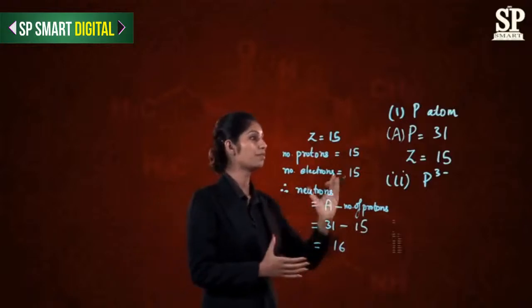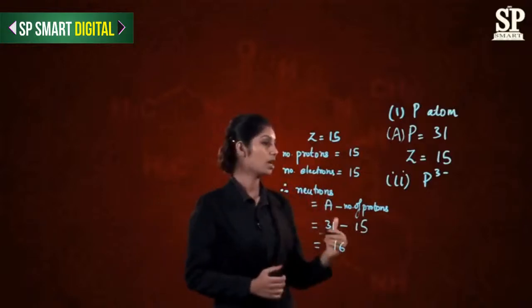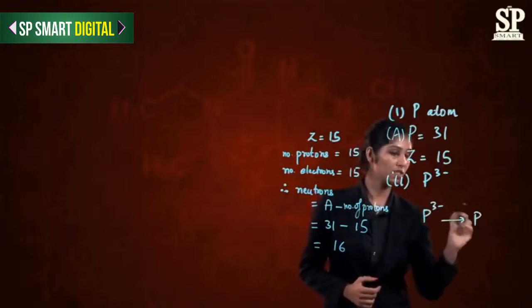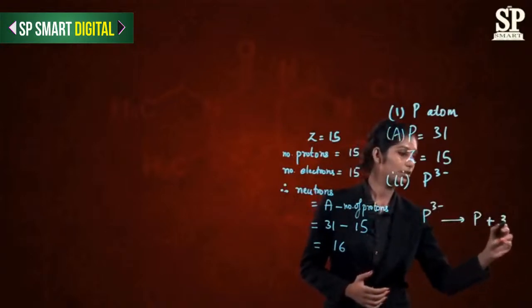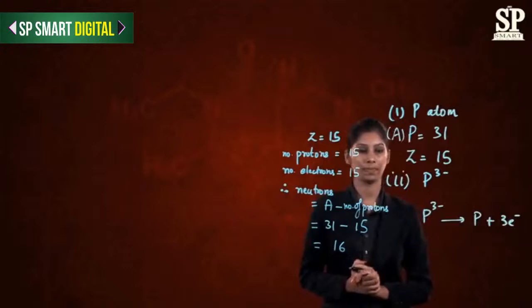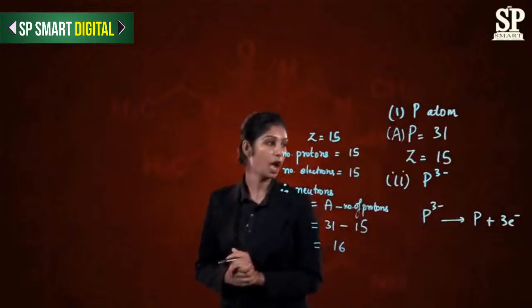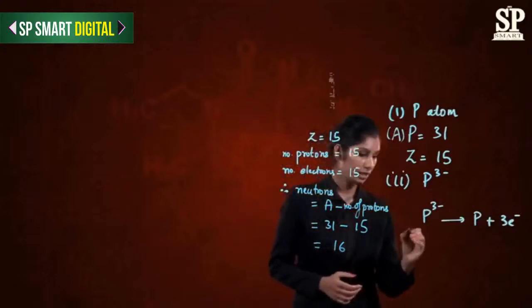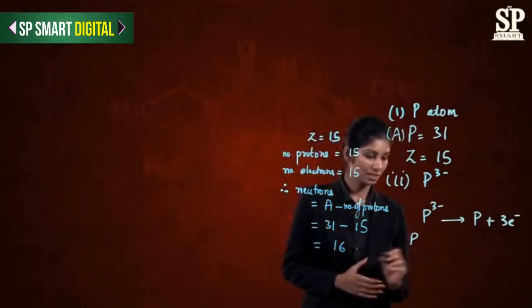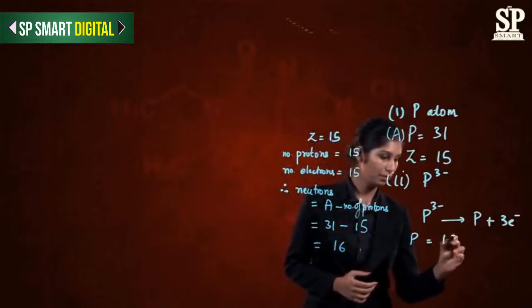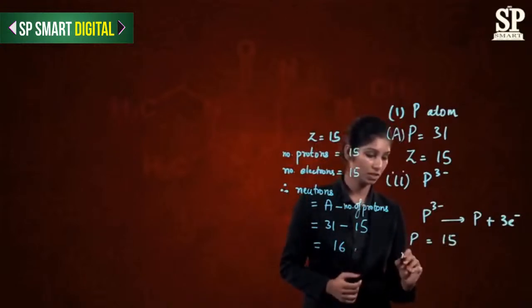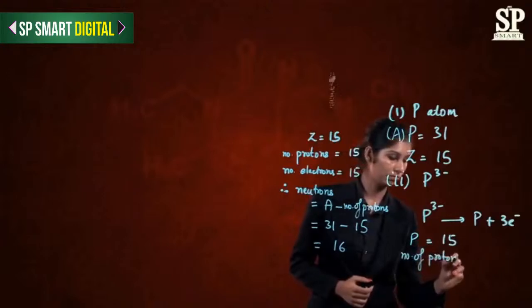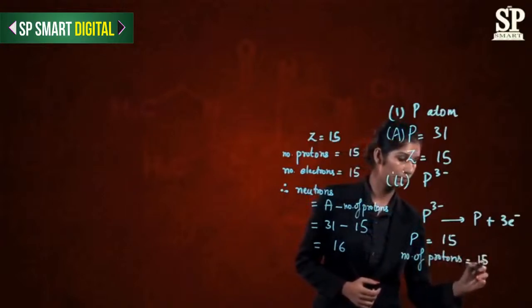The next is for phosphide ion. Now, phosphide ion is achieved when the phosphorus atom has gained 3 electrons. Now let's look at how many protons, electrons, neutrons it has now. Proton has atomic number again 15, which means the number of protons is still the same, which is equal to 15.